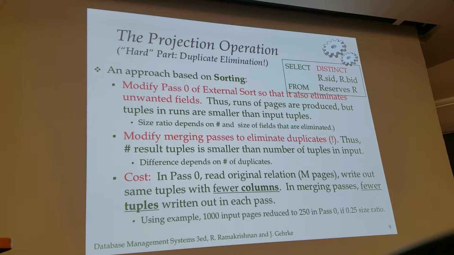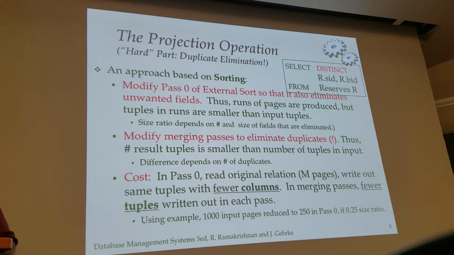When we talked about sorting, remember that pass 0 in that approach says first take each page and sort the page, and then we use the external merge sort to put them together in the number of passes that we talked about, where the cost was 2n times 1 plus log to the base b minus 1 of n divided by b. Okay, so that was the formula that we used.